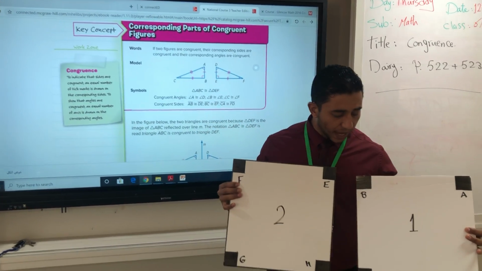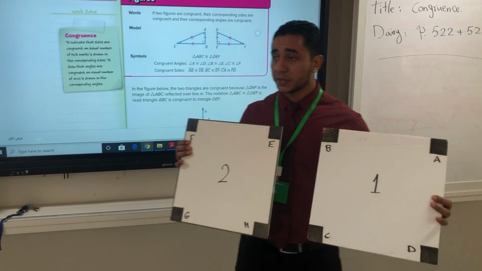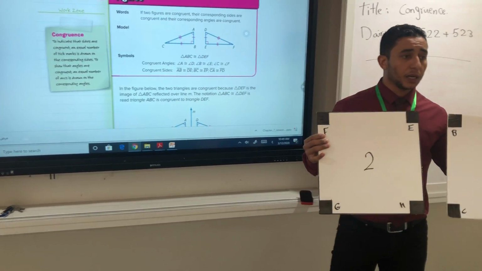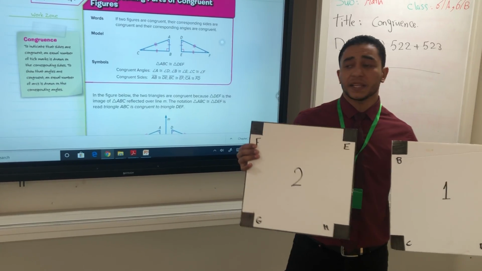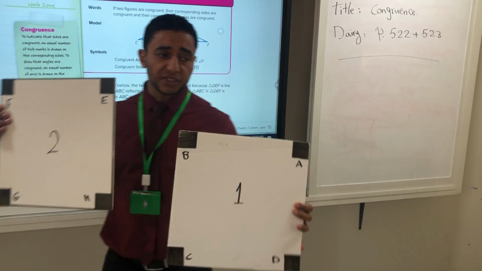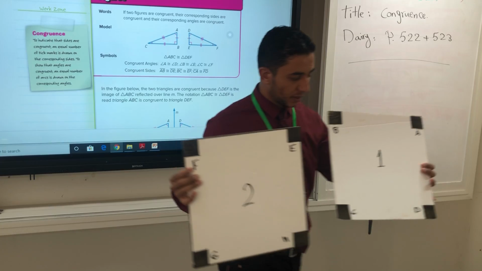When we have two congruent figures, as you can see, we have corresponding parts. Corresponding parts consist of corresponding angles and corresponding sides. This is a quadrilateral because it has 4 sides and 4 angles.